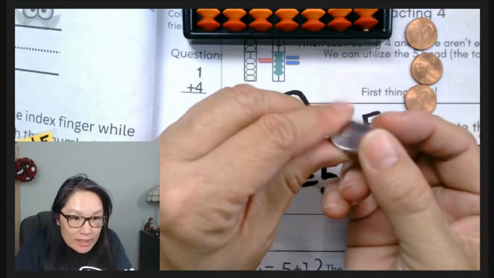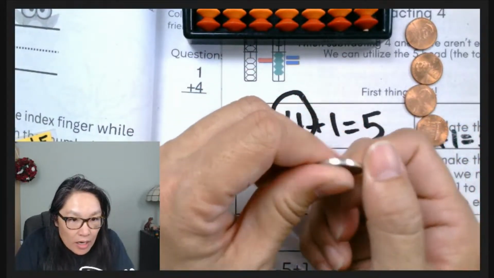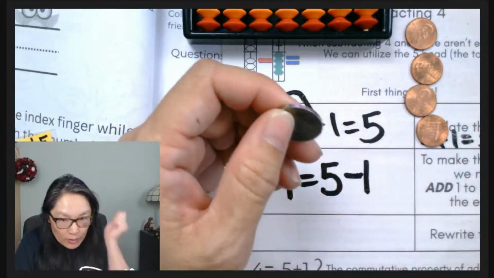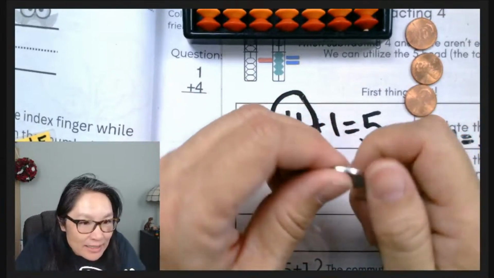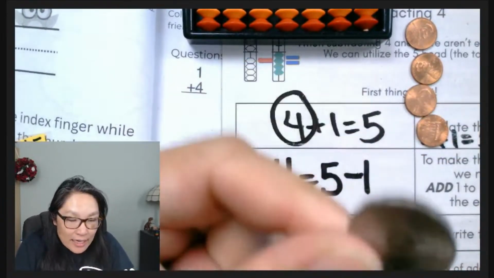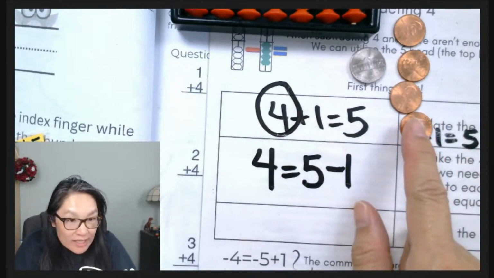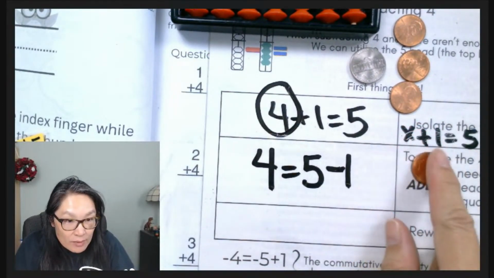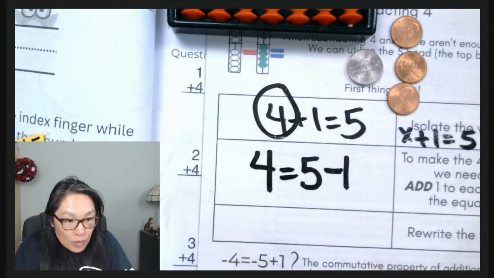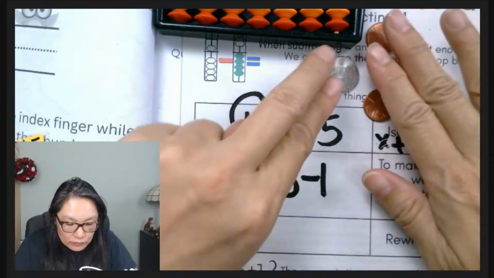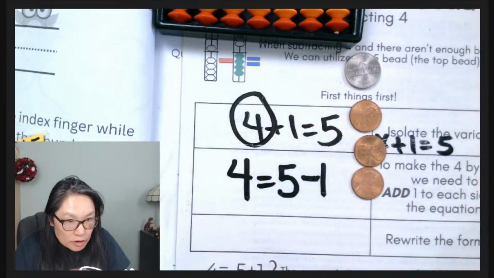Because I only have 1 nickel, I want to give it to you, but you can only have 8. So to make 8, I'm going to give you my nickel, but you have to give me my change back. So you have to give me back 1 penny. Does that make sense? So now we have 8.